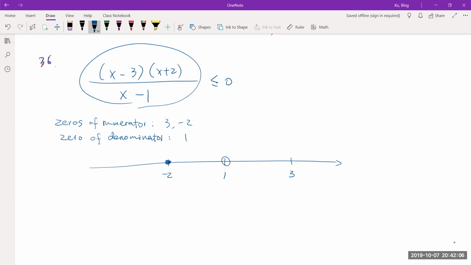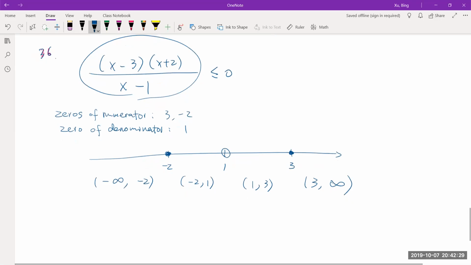No. 3? Yes, okay. So first mark it like this. Now the interval, let's mark the interval from -infinity to -2, from -2 to 1, from 1 to 3, and from 3 to infinity. Let's see which interval will be the solution.